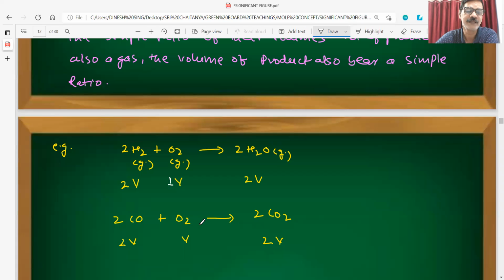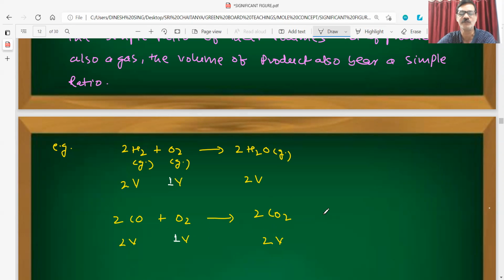Again, carbon monoxide reacts with O2 gas to form CO2 gas. So what is their ratio? 2 volumes of carbon monoxide react with 1 volume of oxygen gas to form 2 volumes of carbon dioxide. So they are reacting in the 2:1 ratio of their respective volumes to form 2 volumes of CO2.